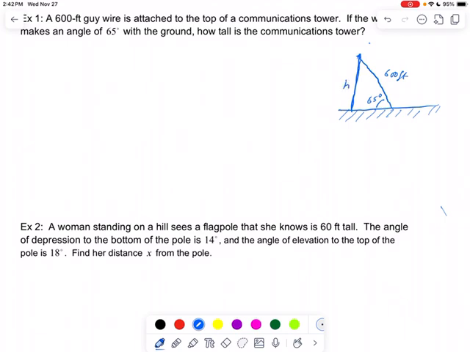You can call it H or X or A or T, whatever you want. We have to find this, so we have to give it a name.